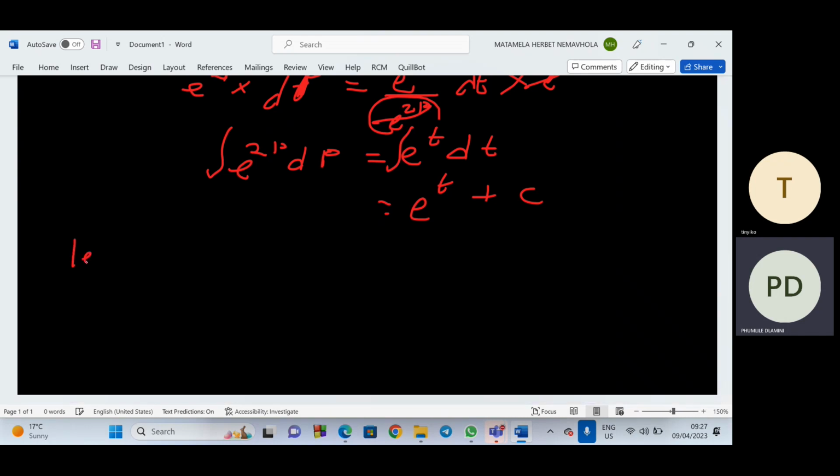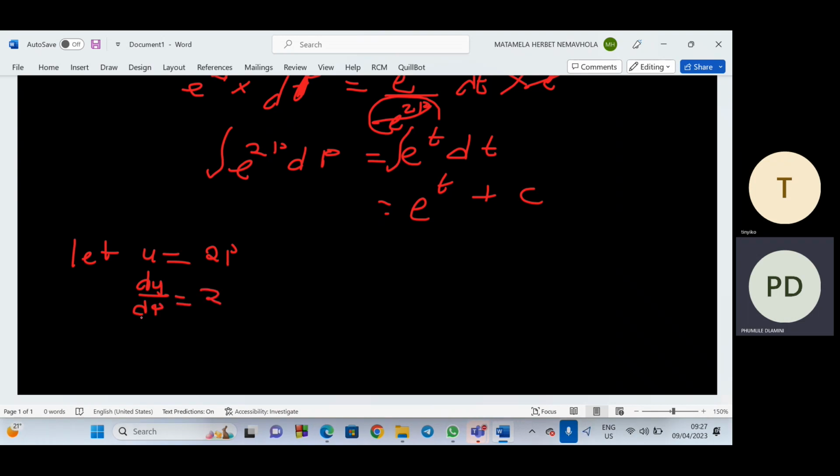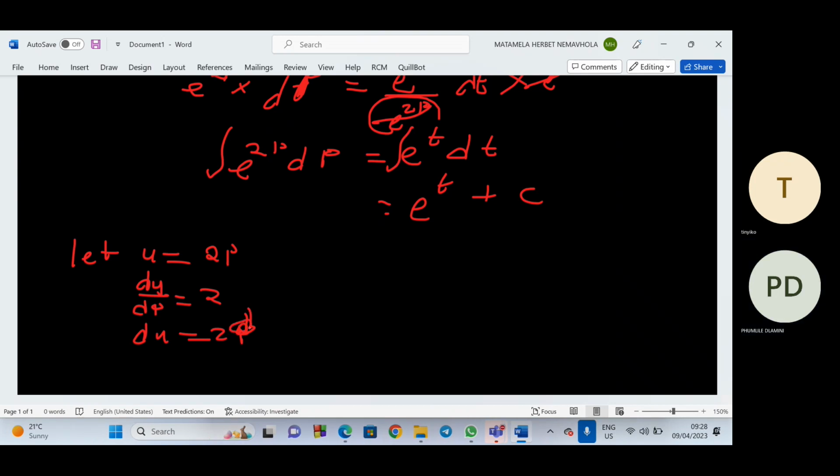So we can let u equal 2p. Then du over dp is going to be equal to 2. Then we can multiply by dp, so du equals 2 dp.